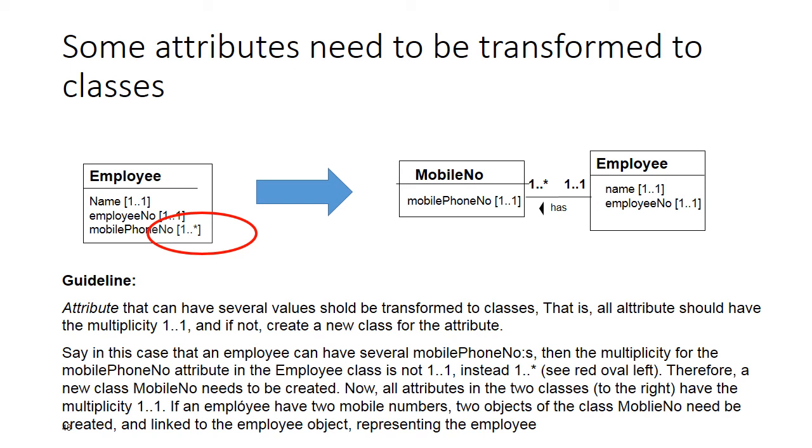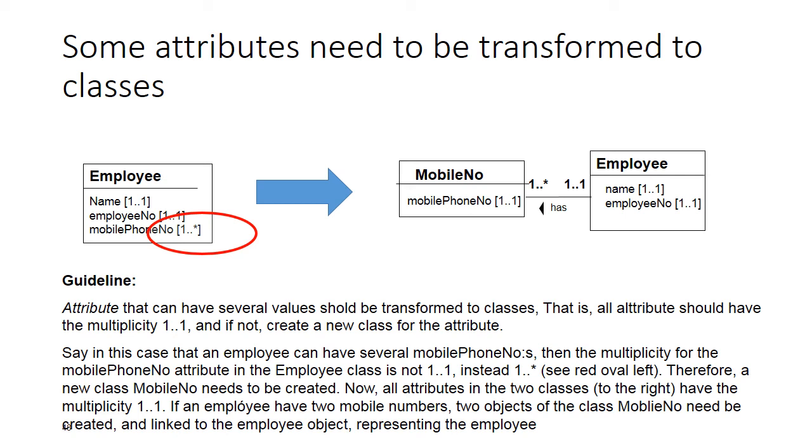Since when we create an employee object, we can only give one value to the mobile phone attribute, in this case we need to create a new class, mobile number, in order to handle that. And now we can store each mobile number as an attribute and link that to the employee.